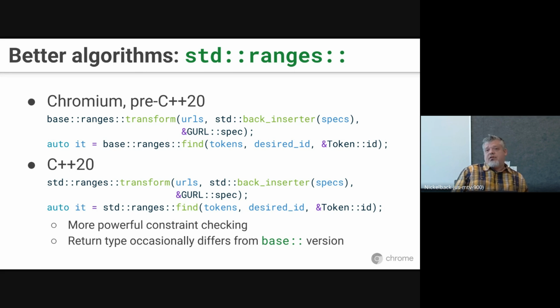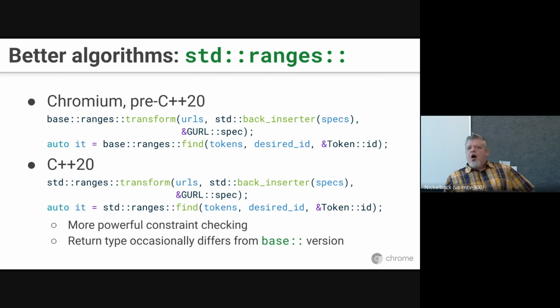If you remember my previous talk on concepts and constraints, all of these are templated functions that have very long lists of constraints expressed as requires clauses that they require the input to match, and therefore ranges is actually much more aggressive than the old standard library algorithms about yelling at you when you try to do subtly wrong things. It can catch certain kinds of dangling pointers and use after free bugs at compile time just because of the preconditions, for example.